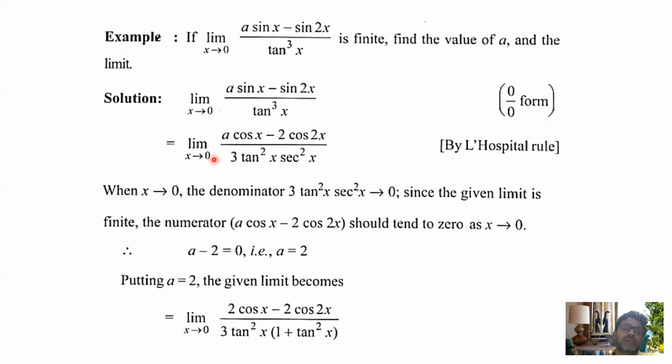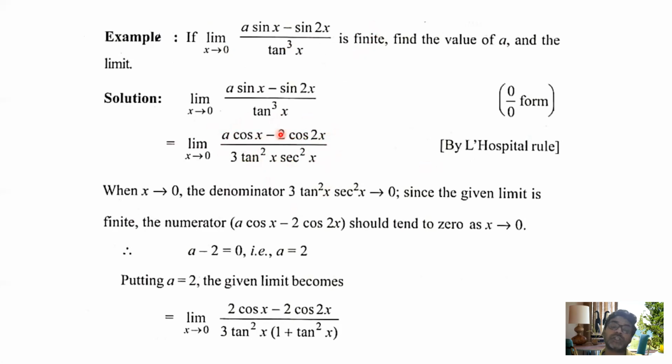Now if you put x tends to 0, cos 0 is 1, that is a minus 2 by 0. So from here it is clear, a minus 2 by 0 by L'Hospital if I put here. But try to understand. So ultimately it is an undefined case, but from the question it is given that your limiting value is finite.